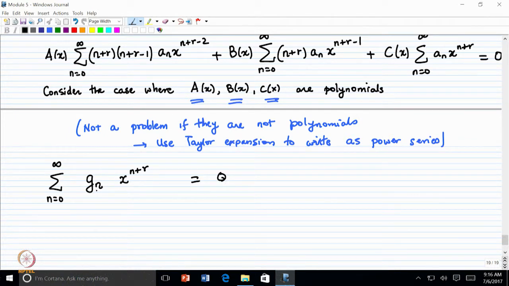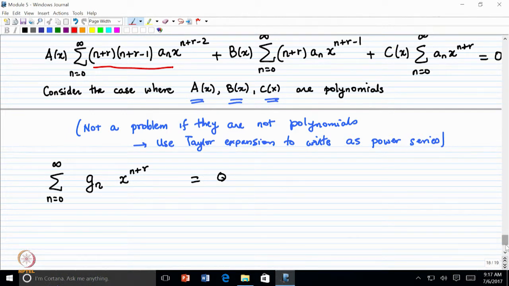Now, g of n involves not only all these factors of n plus r, n plus r minus 1 times a n, but also whatever terms you get from a x. Similarly, it involves the n plus r times a n plus whatever terms you get from b x and so on, a n and whatever terms you get from c x, and you sum all of these and write it in this form.